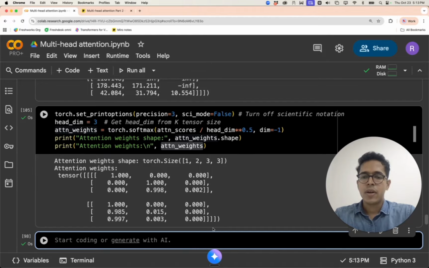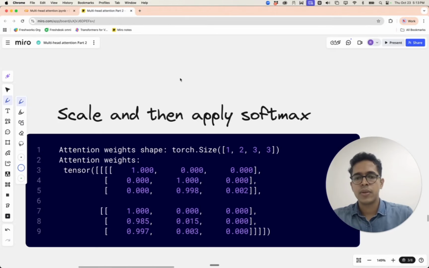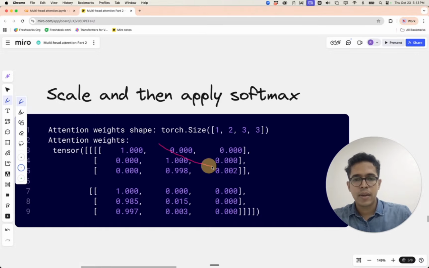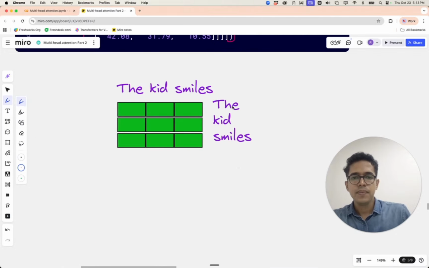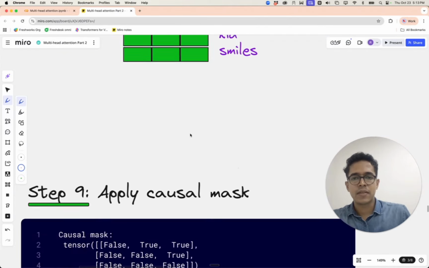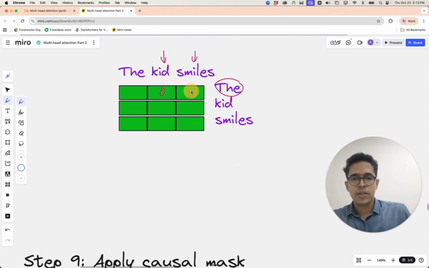So now these are your attention weights after taking softmax. The upper triangle elements all will become 0 then. So let me show you the results here. These are the upper triangle elements which are supposed to be 0. Because if the query is kid, it should not see the key smiles, since smiles is coming after kid.